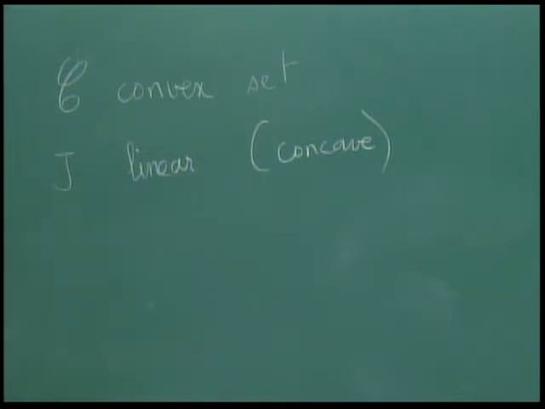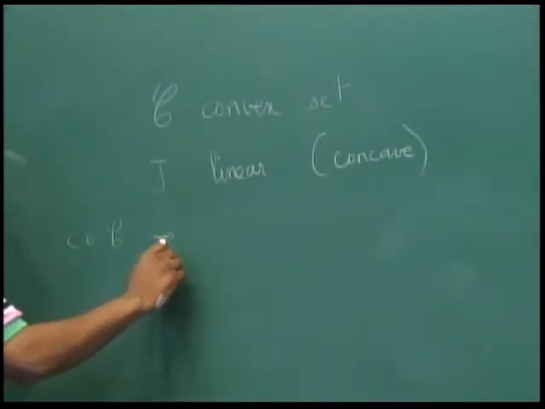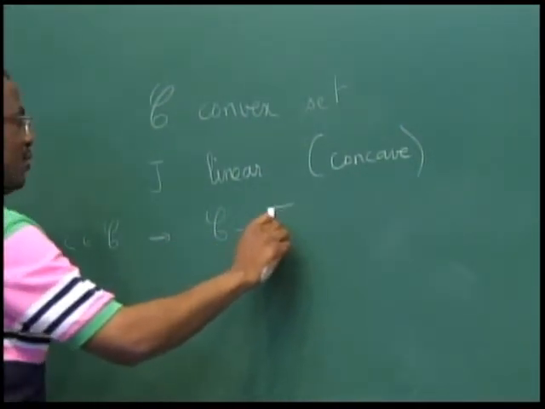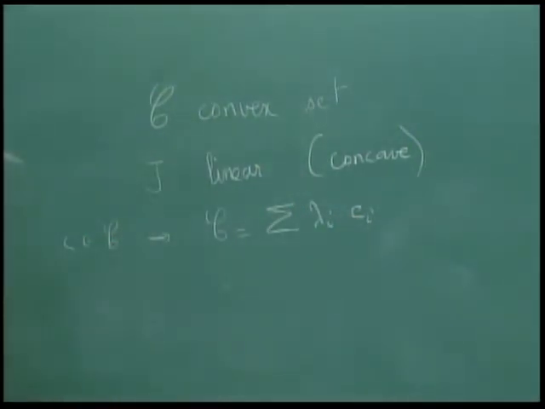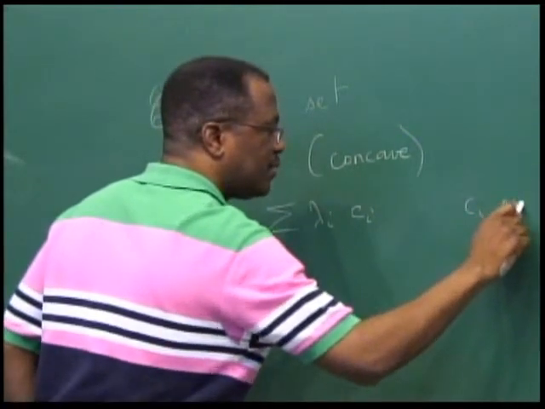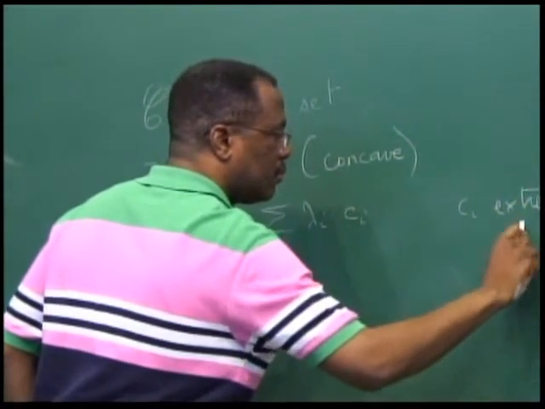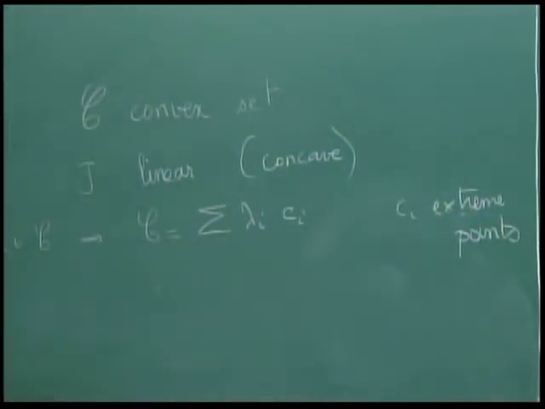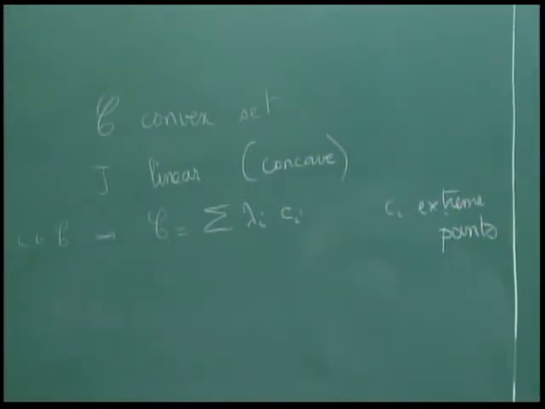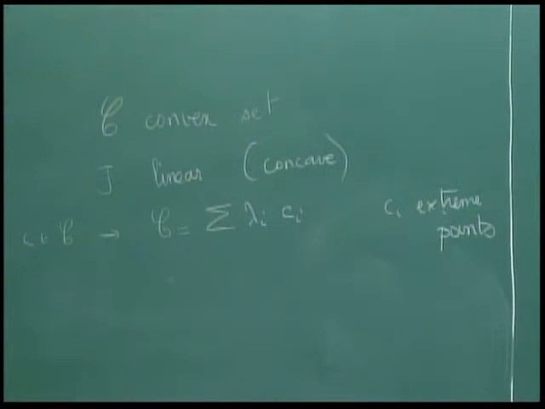So every element of the convex set, if I take a c, c belongs to C, implies c can be written as a combination of c_i extreme points. So in finite dimension, this result is clear. In infinite dimension, you need some assumption on C to make that statement clear.